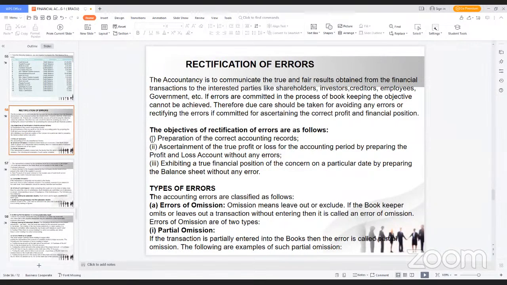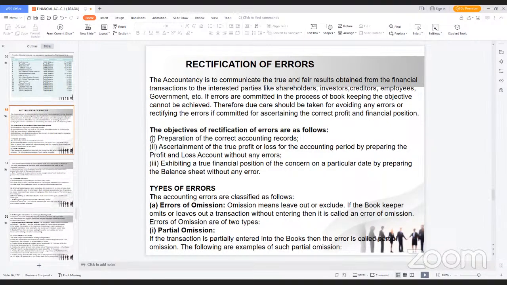And next, we have the types of errors. First one is error of omission. Omission means leave out or exclude. If the bookkeeper omits or leaves out the transaction without entering, that is omission. Means by mistake you will be omitting.